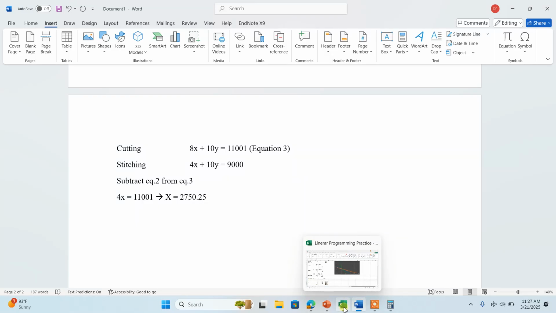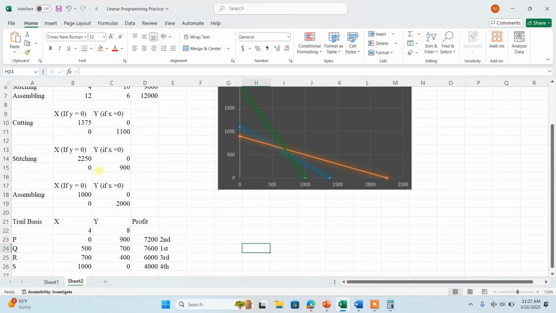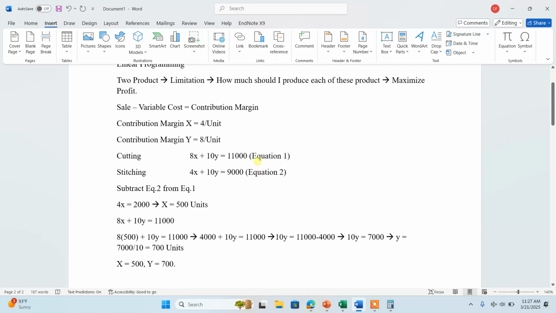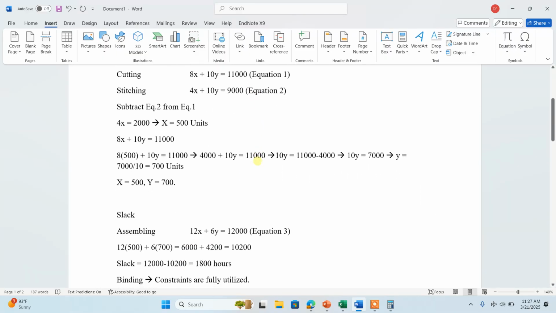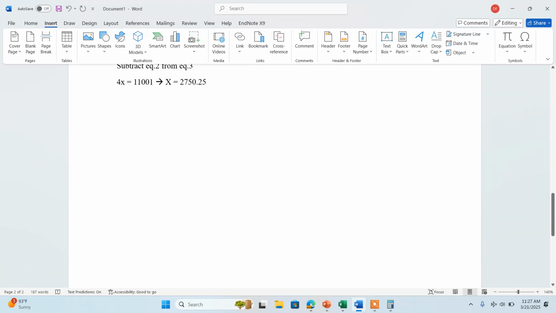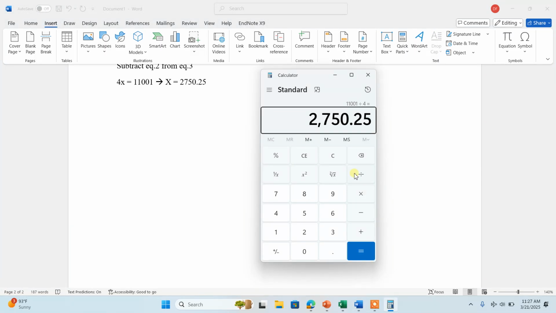You can see that when it was here, I think this is done.